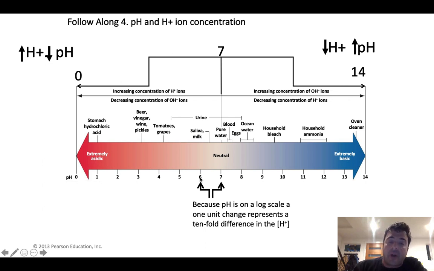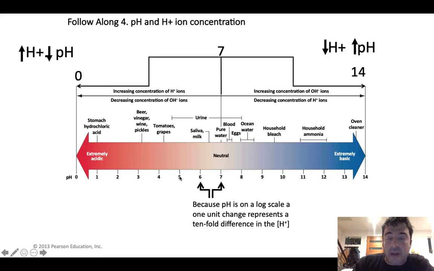It's also important to understand that the pH scale is logarithmic, meaning it works on bases of 10. In other words, when you say that the pH has shifted from 7 to 6, because it's a logarithmic scale, a solution with a pH of 6 is 10 times more acidic than a solution with a pH of 7.